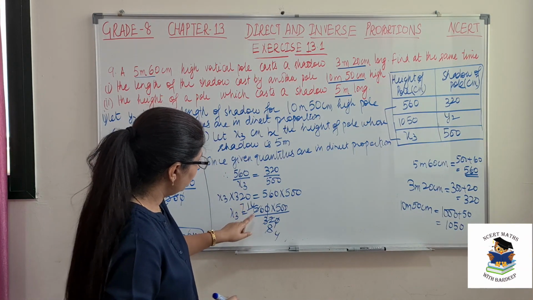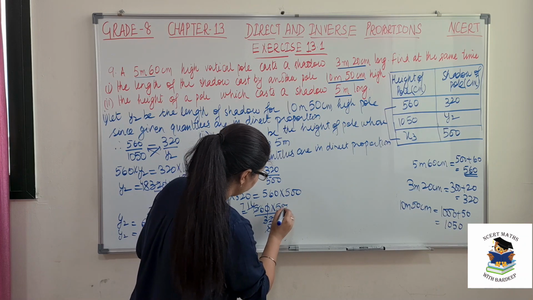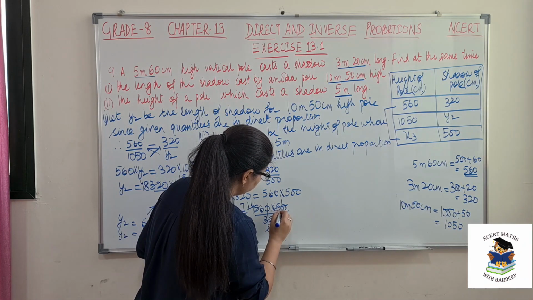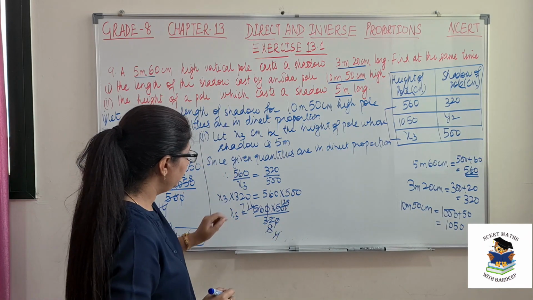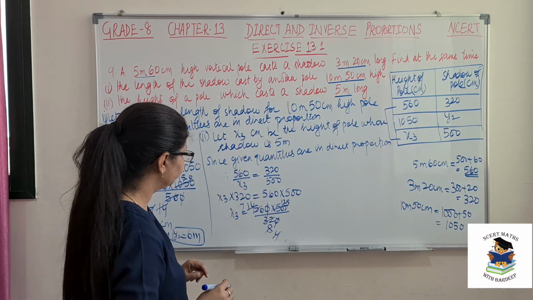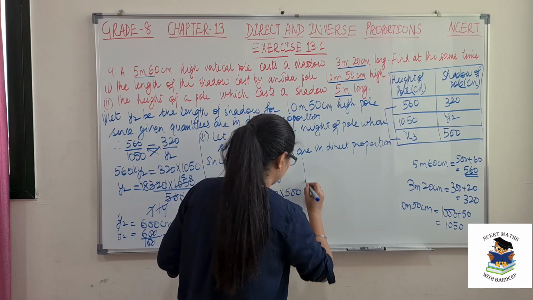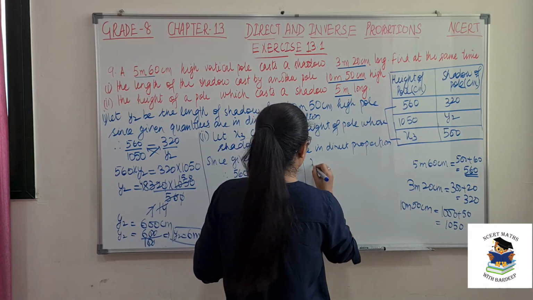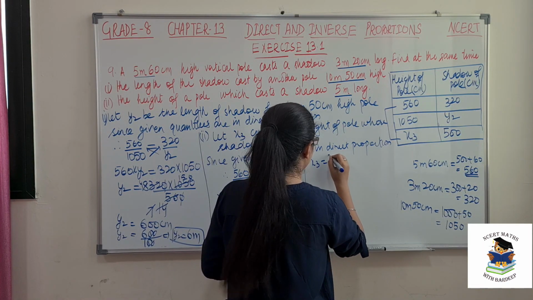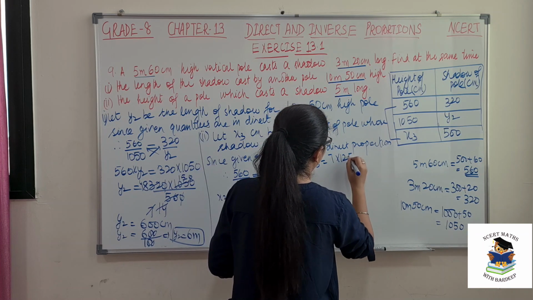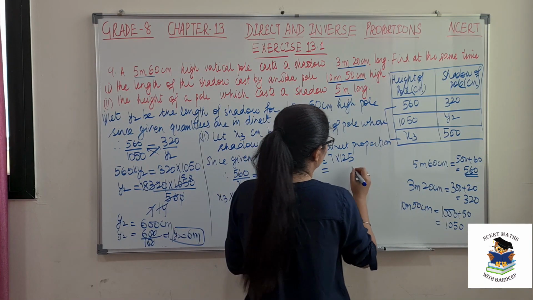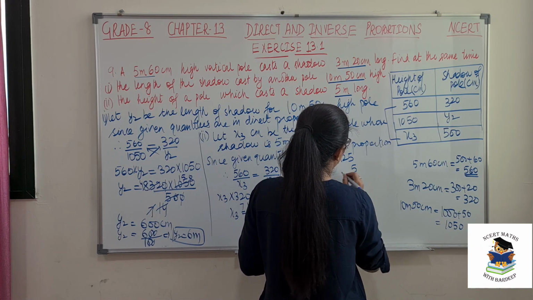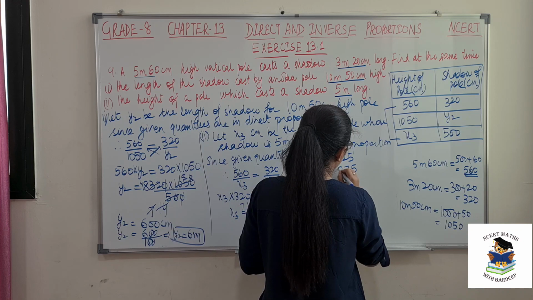Okay, so now it is 4 1s are 4, 4 2s are 8, and 125 into 7. So x3 is equal to 7 into 125. Okay, so 7 5s are 35, 7 2s are 14, and 3 17, 7 and 1 8.